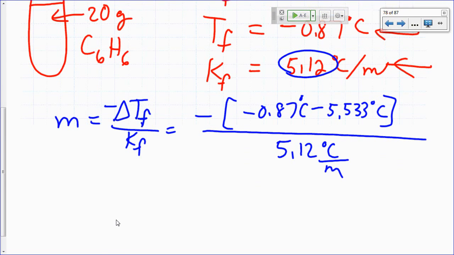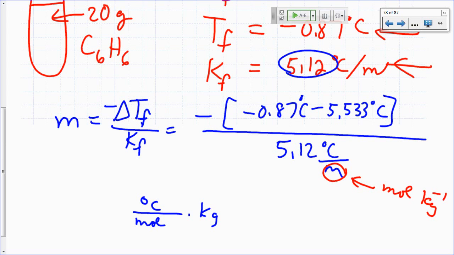By the way, you might see this written as degrees Celsius per mole times kilogram, because molality is moles per kilogram. So you might see it as degrees Celsius per mole per kilogram.